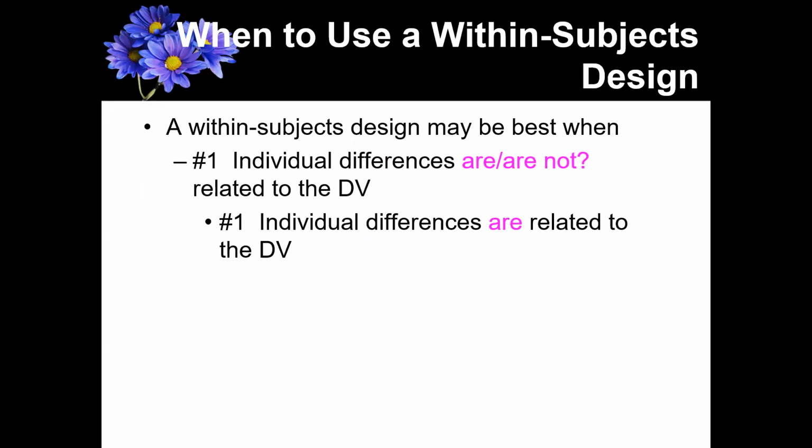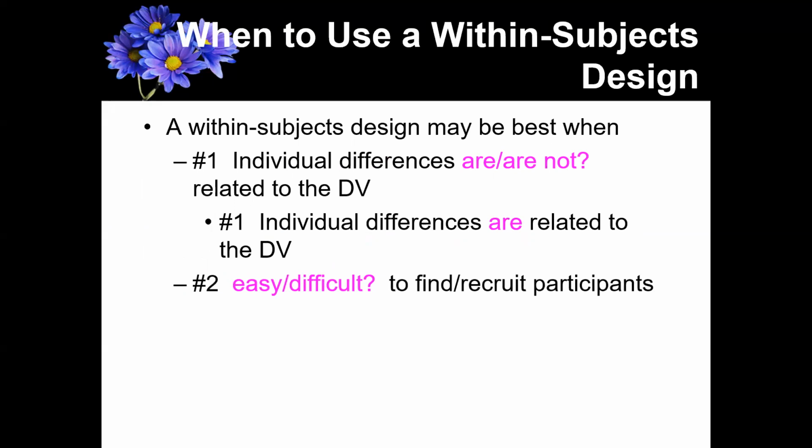Then you might want to use a within subjects design. Easy to find versus difficult to find participants: difficult, right? Because in a within subjects design, you need fewer people. So if you're having trouble finding people, that might be a good reason to do a within subjects design.